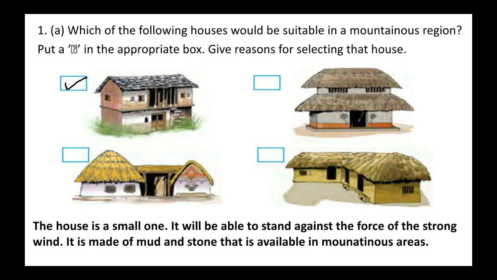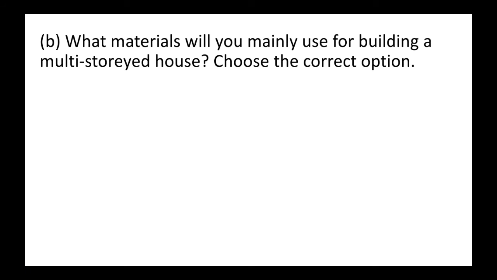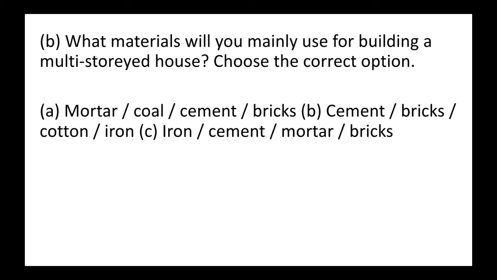Moving on to the next question. What materials will you mainly use for building a multi-storied house? Choose a correct option. Now in option A, mortar, coal, cement, bricks is given.